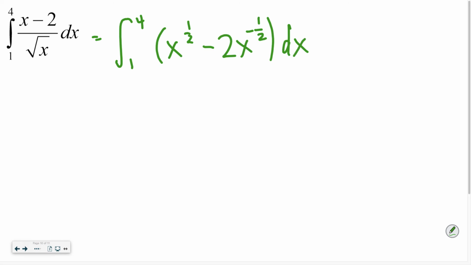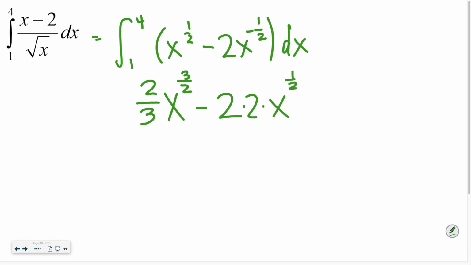Don't forget about all of those rules that we practiced in the beginning of the semester. Now we have x to the 3/2 times 2/3 minus 2x to the 1/2 times 2/1, evaluated from 1 to 4.